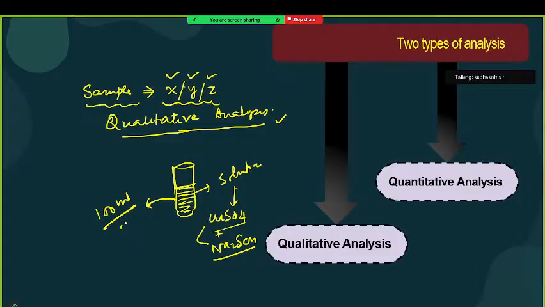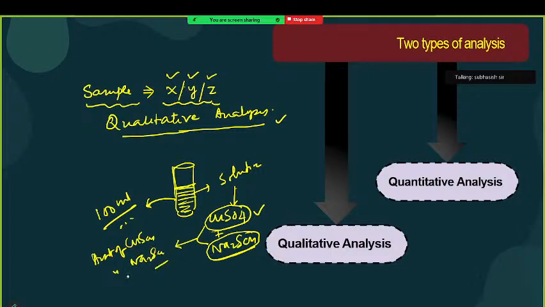It is clearly stated that the solution contains copper sulfate and sodium sulfate, so there is no need to determine the nature of the salts present. That is already known to you. Now you have to determine the amount of copper sulfate or sodium sulfate present in the solution.